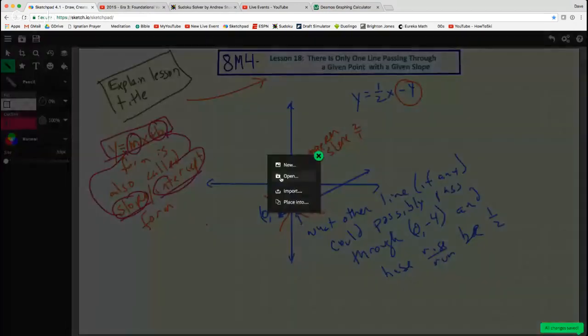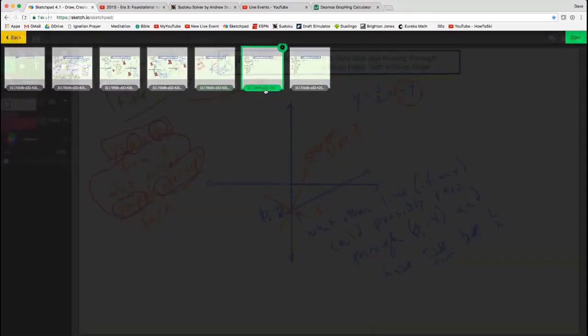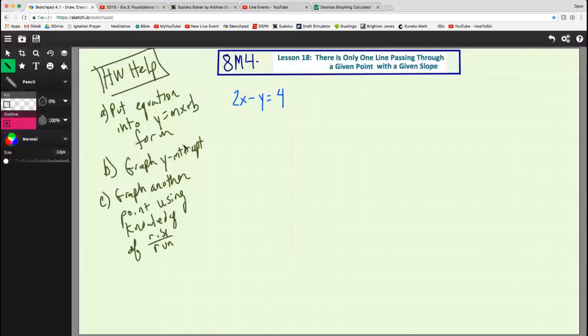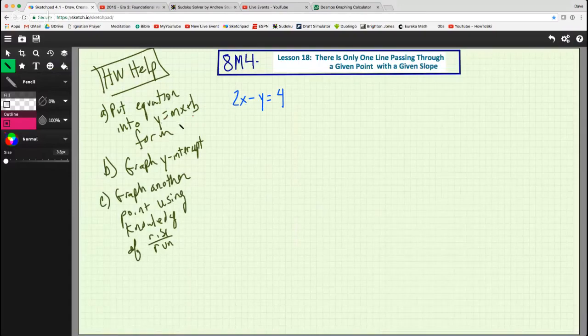Now let's do some problems. So this is our final piece, homework help. I'm going to do this kind of quickly. What I want you to do is put this equation into y equals mx plus b form, then graph the y-intercept, then graph another point using the slope, and maybe more points. I would encourage you to do 3 points.